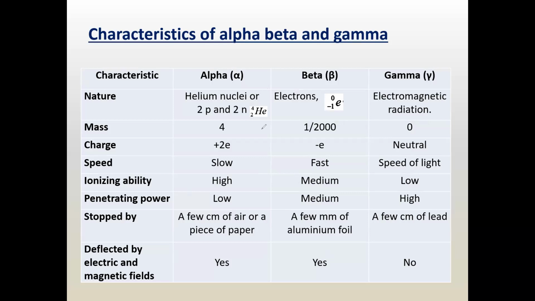Basically, alpha consists of two protons and two neutrons. So alpha is a combination of two protons and two neutrons, and this resembles a helium nucleus, because in a helium atom we have two protons, two neutrons in the nucleus, and around the nucleus there are two electrons.